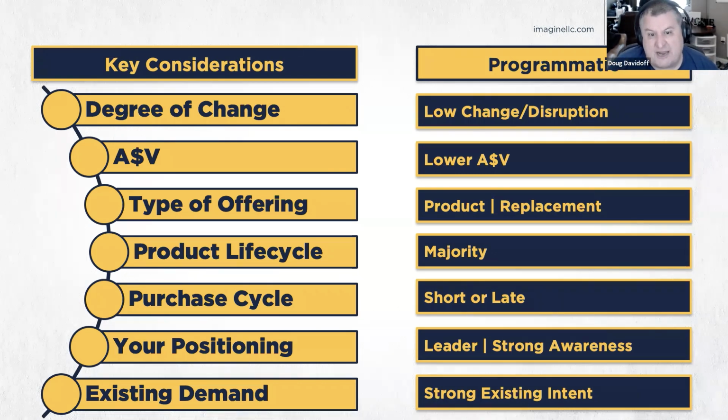If the purchase cycle is short, or you're only looking to get in late. So, if you're in a highly defined market, like marketing automation or accounting software, you might have a business with a long purchasing cycle, but for the most part, the criteria are set. And so you're typically selling the lower cost alternative, right?